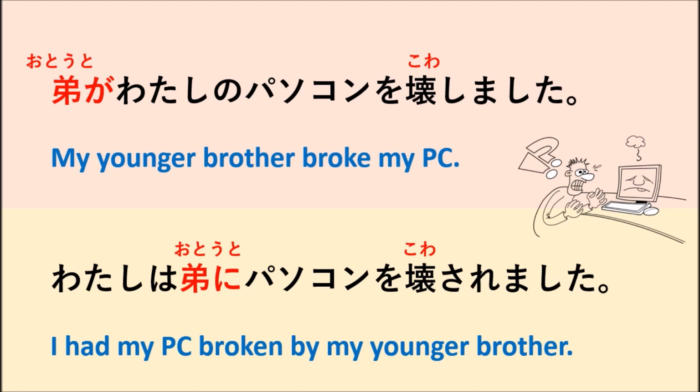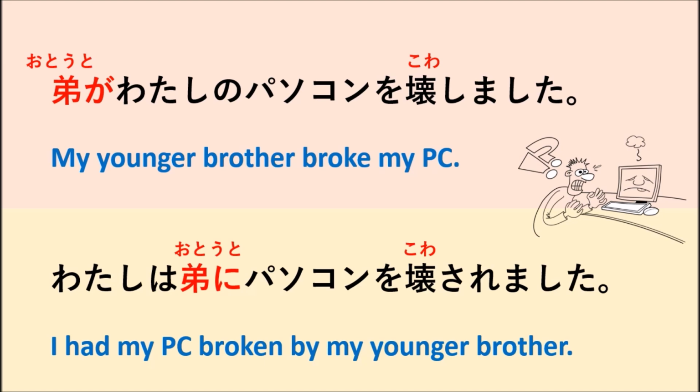Kowasu means the dictionary form, but kowashimashita means the past tense form or the masu form. And kowasareru means the passive verb. So the past tense is kowasaremashita. When you use kowasaremashita, you should have ni.